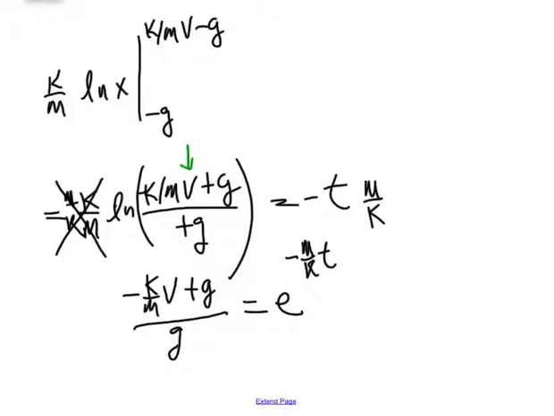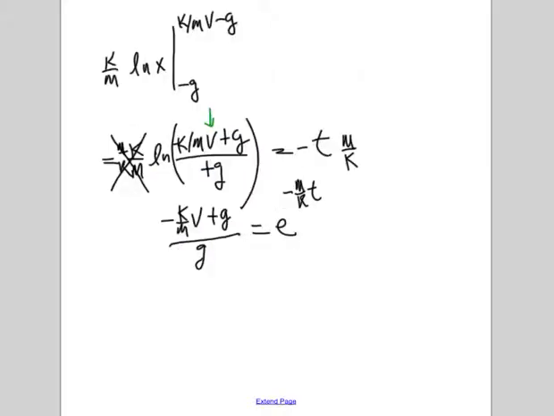Now we're going to divide this out, and we end up with minus k over mg times v plus 1 equals e to the minus m over k times t.